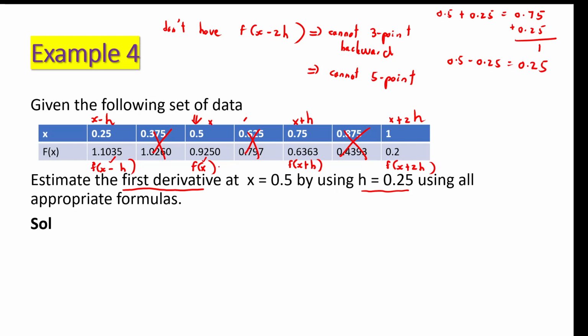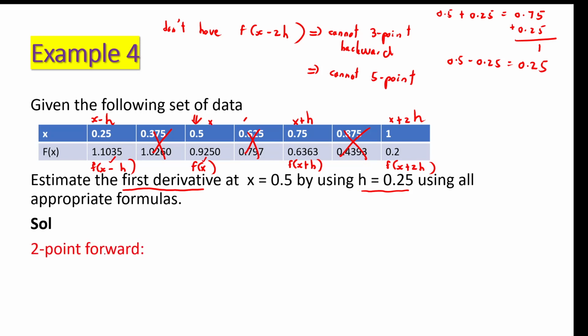If you use f(x+h) and f(x+2h), that is 3-point forward. So from all the formulas, you only cannot use 3-point backward and the 5-point formula. You still need to calculate using the 6 appropriate formulas.